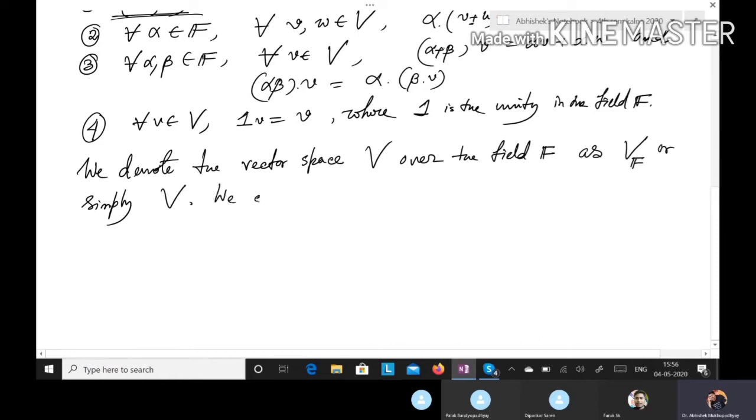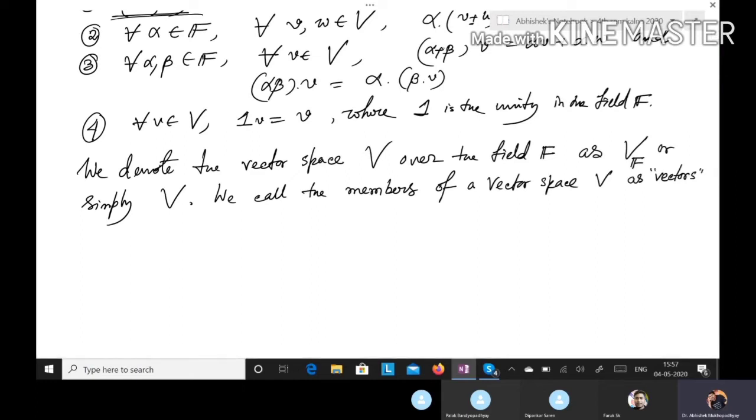We call the members of a vector space V vectors. So in this general setting, vectors are actually members of some vector space.